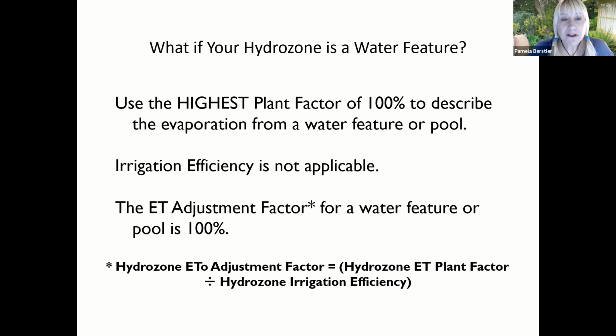Essentially, a water feature hydrozone is going to be the area of the hydrozone, the square footage of that hydrozone, times ETO times 0.62. That's going to tell you how many gallons that water feature would require over the period of time.